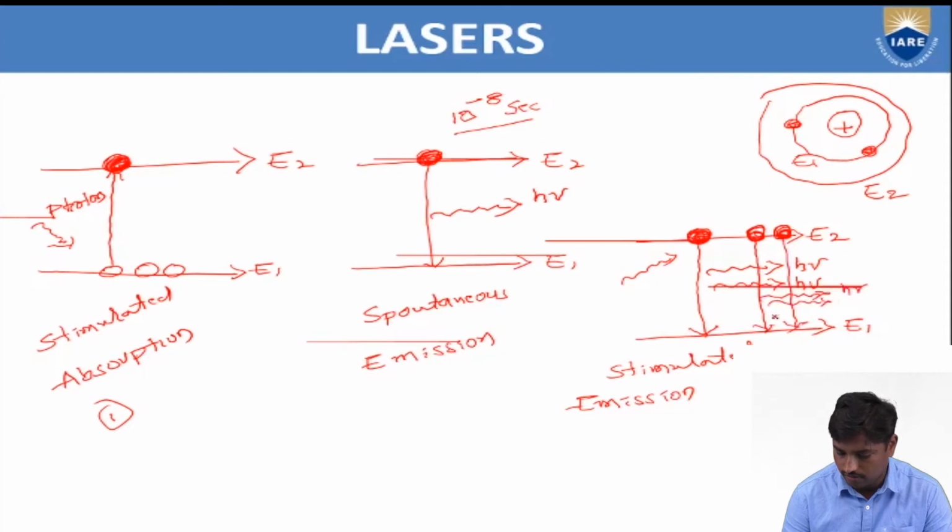So one photon converts into two, and two photons convert into four. In this process, the energy is stimulated. So this is converting into the laser.